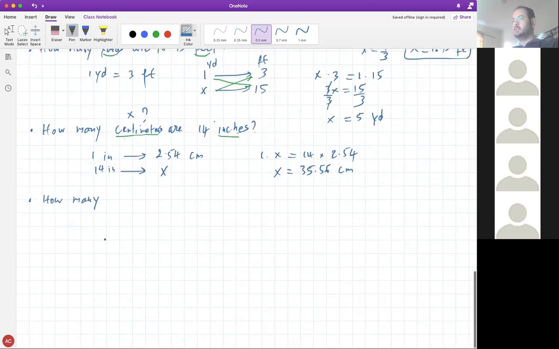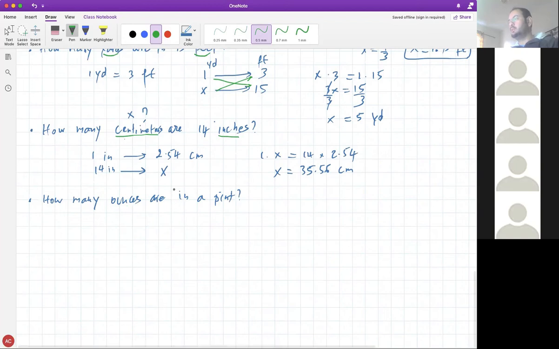For example, how many ounces are in a pint? Again, see if you can find a formula that links ounces to pints directly.